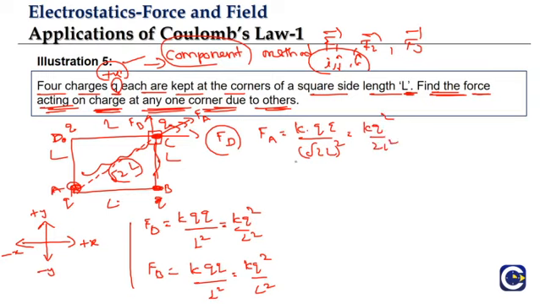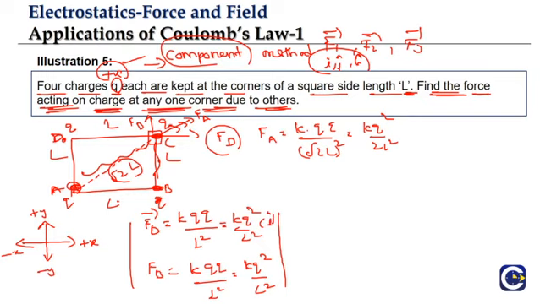Now we got the force magnitudes. Now we need to express the forces in the component form. So how are we going to express the force in the component form? We can see that the force because of the charge at corner D is simply towards the right side, which is the positive x direction. So the force because of the charge at corner D will have magnitude kq square by L square into i cap.